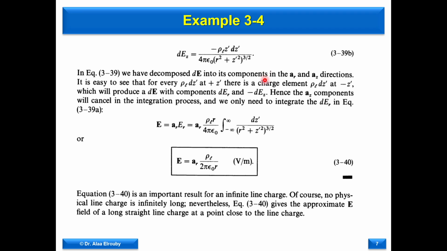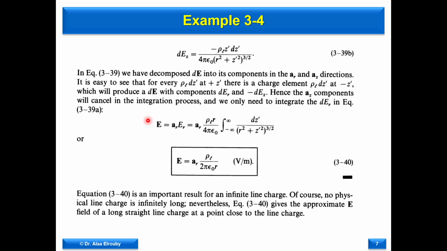So the integration that we have will be along the a_r, and the expression is written here. When we do it, we'll find that the electric field has this expression. The z component will vanish because of the infinite extension and symmetry along z. There is no dependency on phi because of the symmetry along phi.